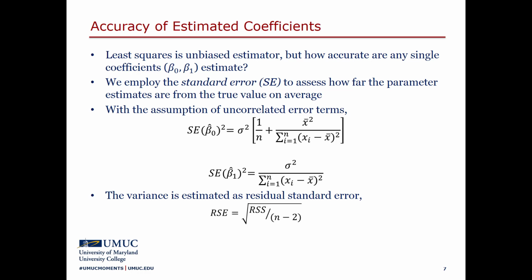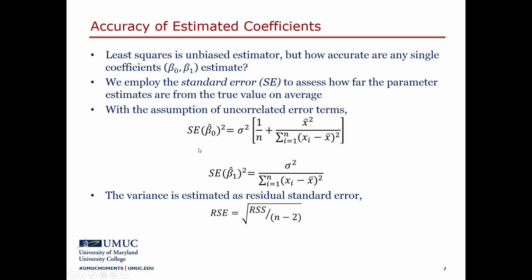In general, we employ a standard error to assess how far the estimated parameters are from the true value. This is with the assumption of uncorrelated error terms, which is a very important assumption in linear regression. When we do diagnostics and validation, we have to make sure that the error terms are uncorrelated, because some of the output is computed under the assumption that the terms are uncorrelated.